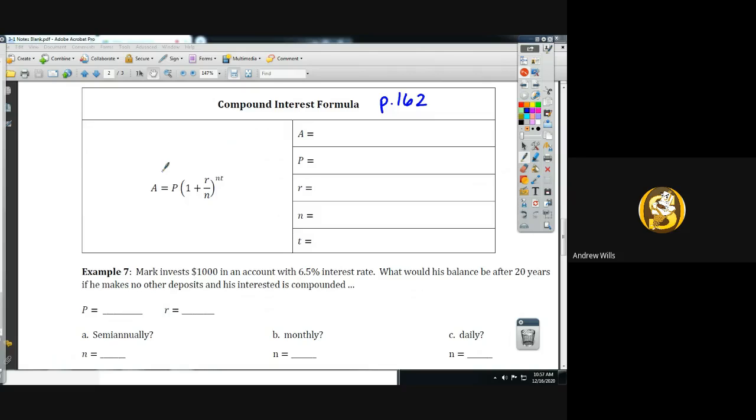Okay, so there's a lot of stuff in there. Let's talk about what all these things are. A is the balance, the ending balance of the account. P is the principal, which is the starting balance in your account. However much amount is in your account, that's the principal.